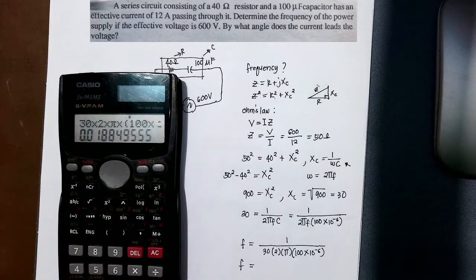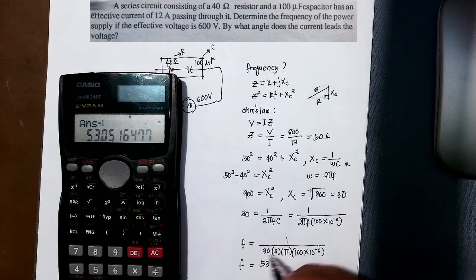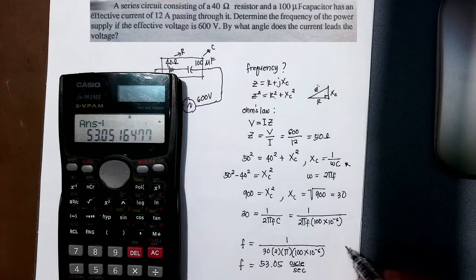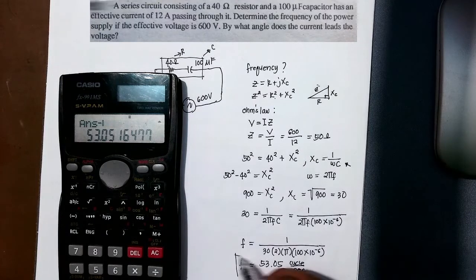That is the value of the denominator, and I get the inverse of this, and it will give me 53.05. So this will be your frequency. This is cycles per second. So this will be your F.